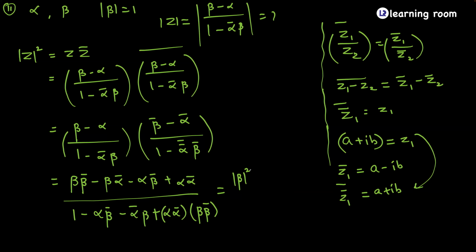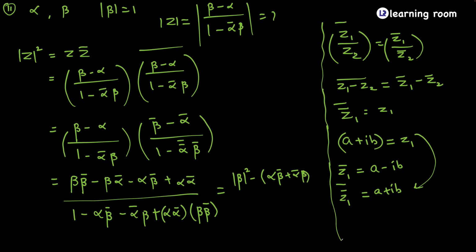So what can I do with this? Nothing. I can only take the minus sign outside. So if I take the minus sign outside, what will I get? Alpha into beta conjugate plus alpha conjugate into beta, right?